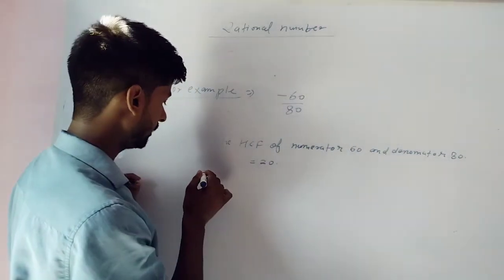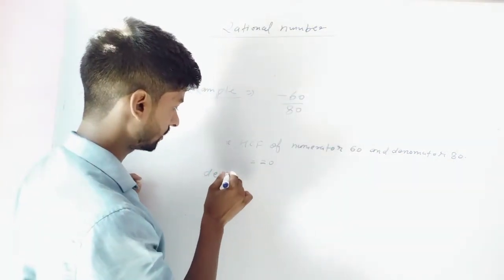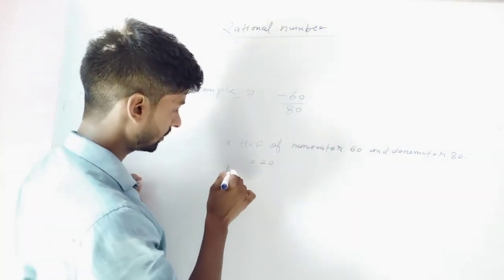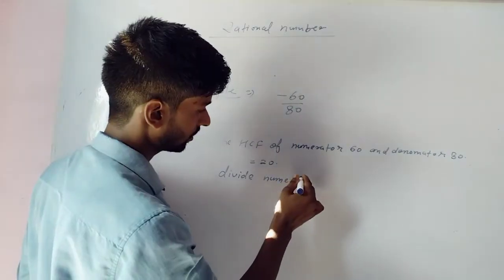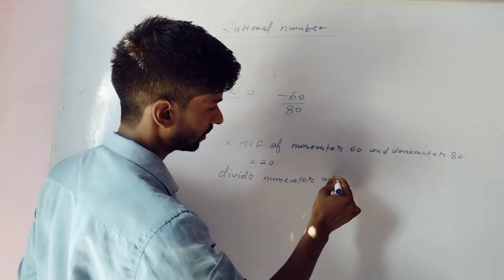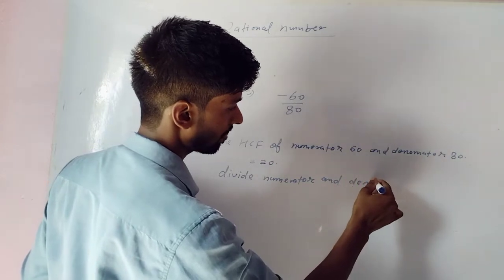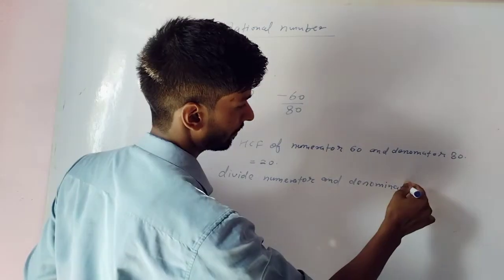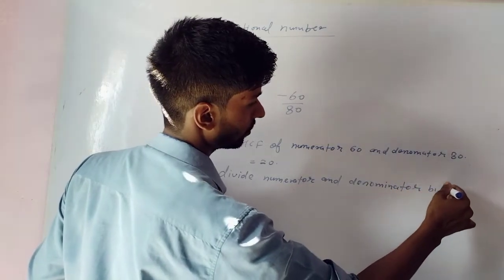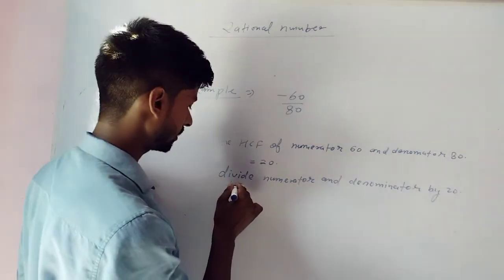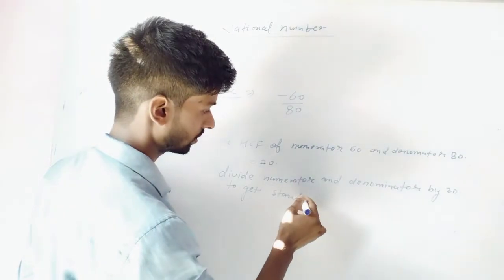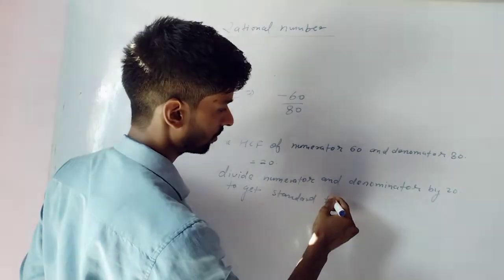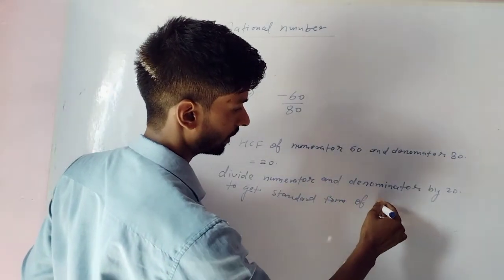So we finally divide numerator and denominator by 20 to get the standard form of a rational number.